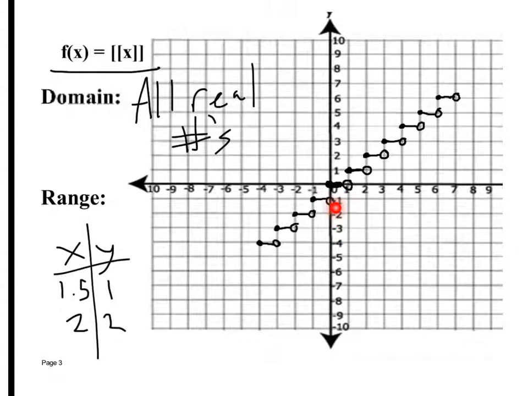Does it include negative 1.1? Negative 1.2? Negative 2.9? No. What about 1? Is that included? What about 1.1? 1.2? No. So what can I say about my range? It's all integers. It is any number that's an integer. But if it's not an integer, like 1.1, is that included? No. So my range is just integers.